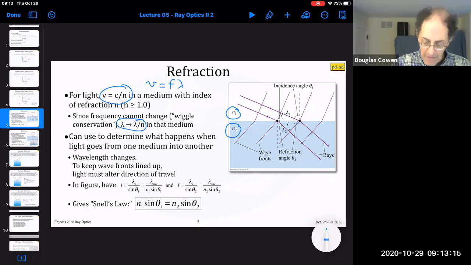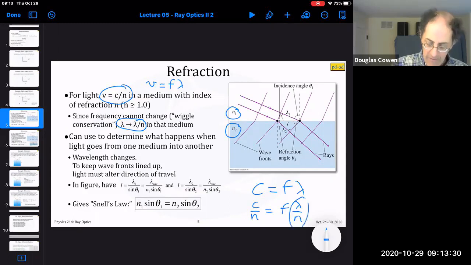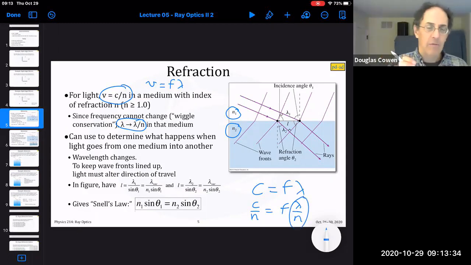So for light, effectively we have c equals f lambda, which then becomes c over n equals f lambda over n in some medium. The main takeaway here is that in addition to light slowing down, its wavelength also shrinks.